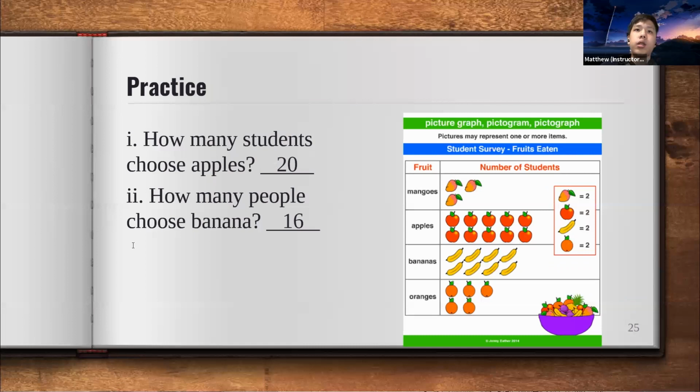So, let me give you guys a question right now. How many people like apples and mangoes? Does anyone know the answer?